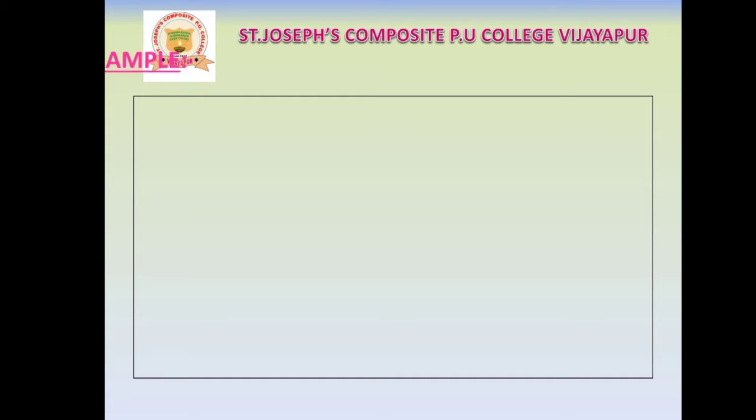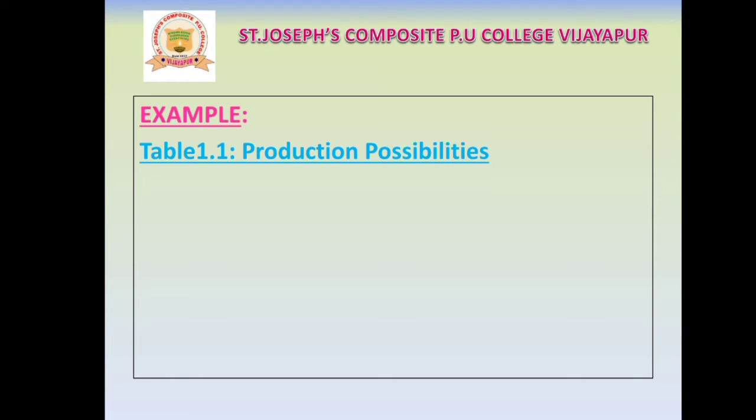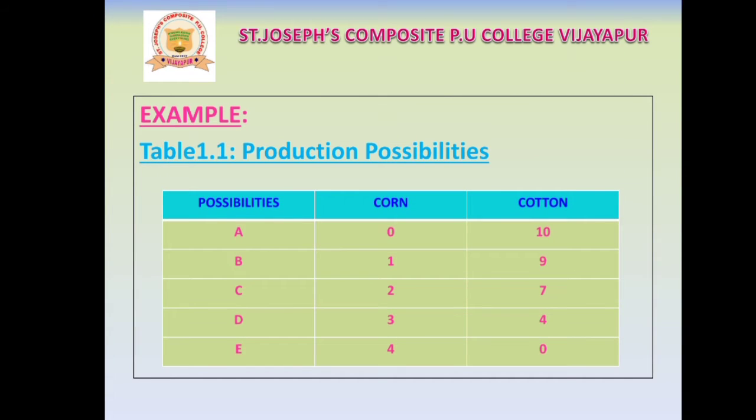Now we'll see how these production possibilities can be expressed with the help of a table. Here is one example, expressed with three columns.